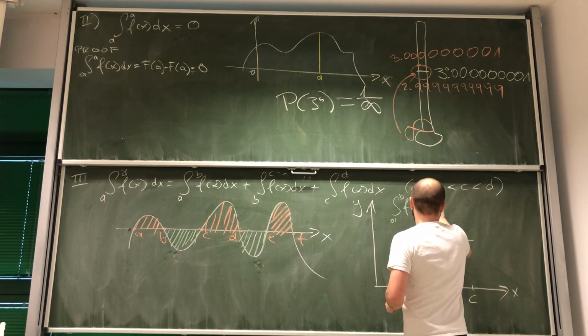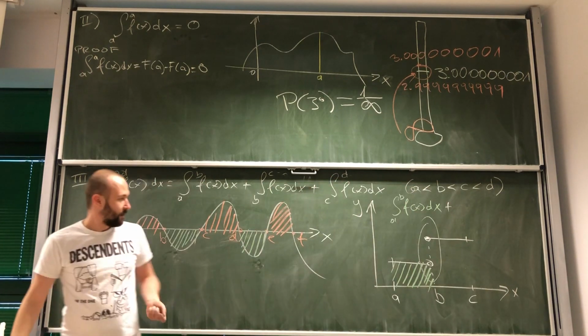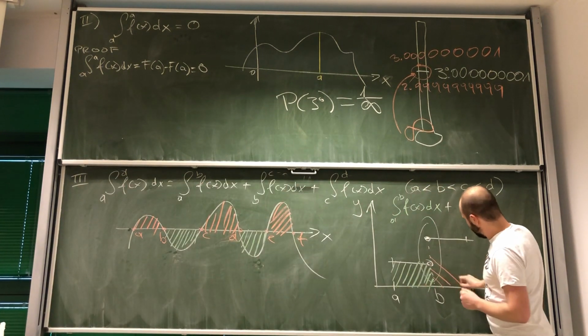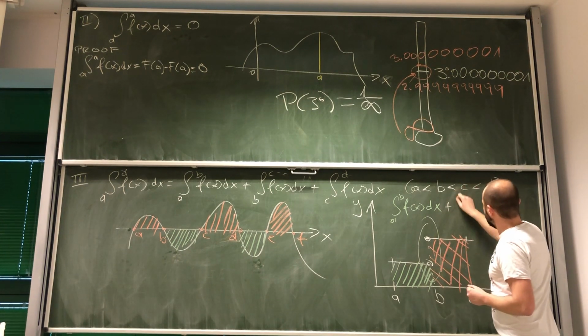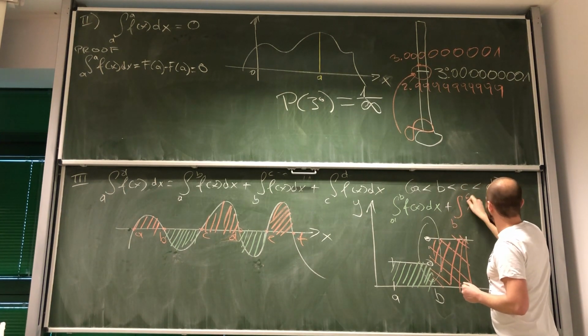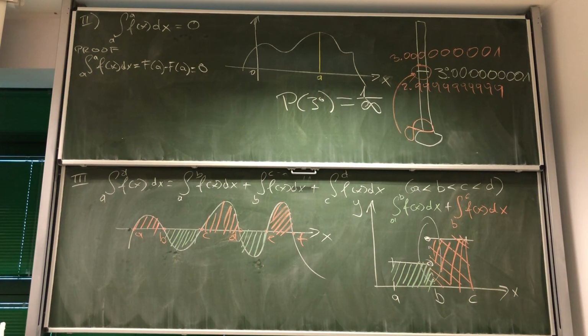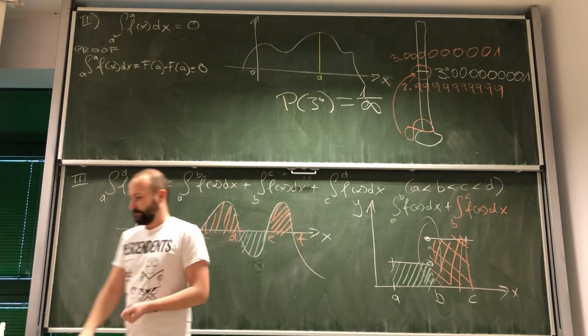and I would add to it an integral from B to C. Now you might say, but this is problematic because we calculate B twice, right?